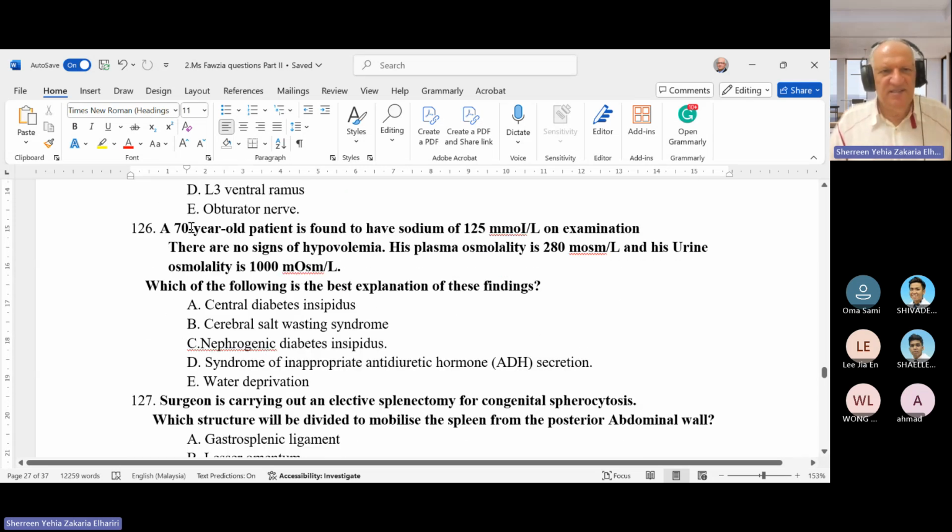Next question: a 70-year-old patient is found to have sodium of 125, normal on examination, with no sign of hypovolemia. His plasma osmolarity is 289, which is within normal, and the urine osmolarity is 1000. What is the best explanation of this finding?